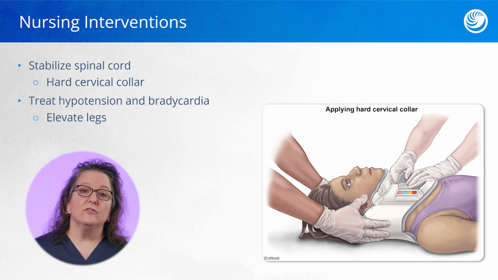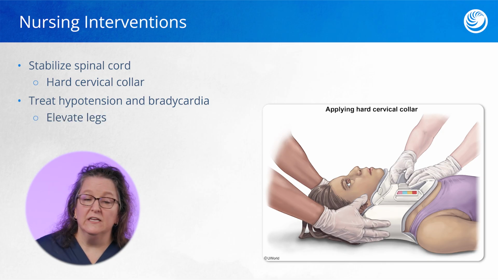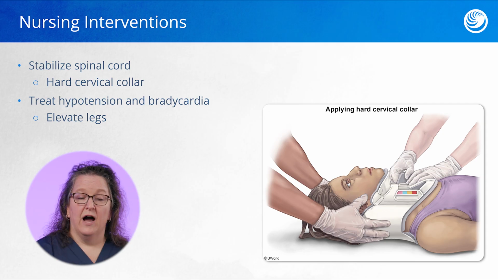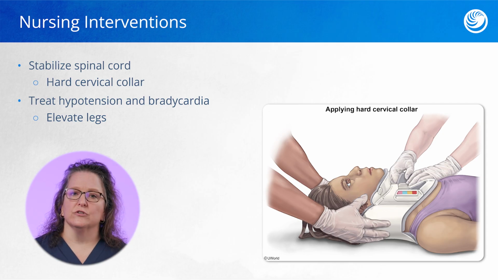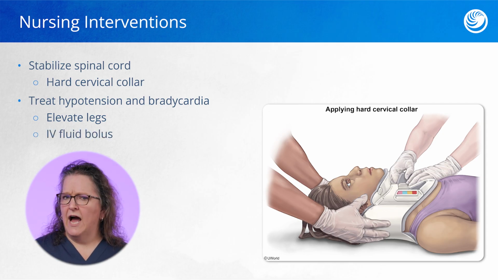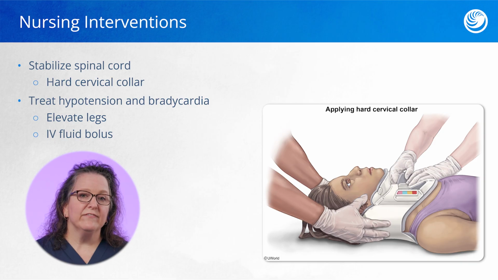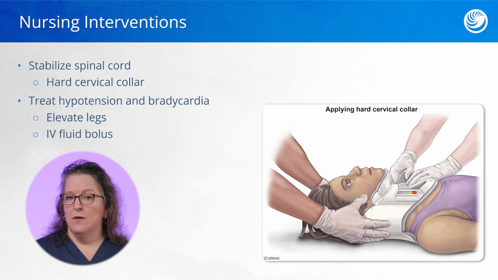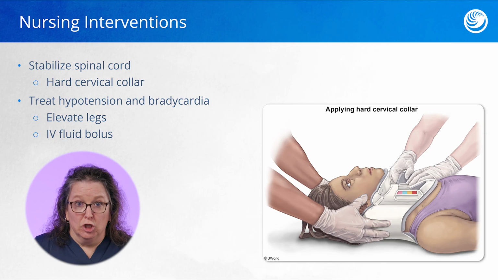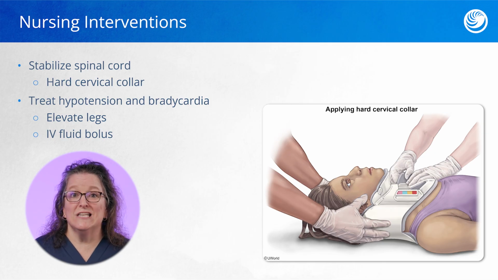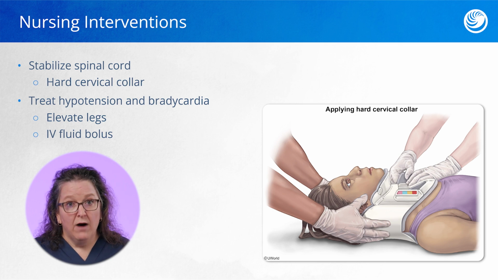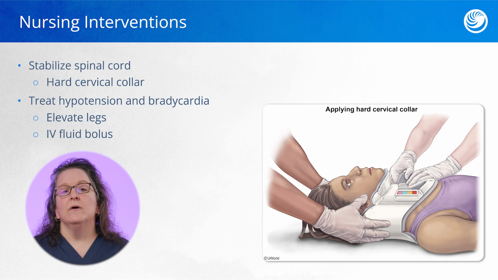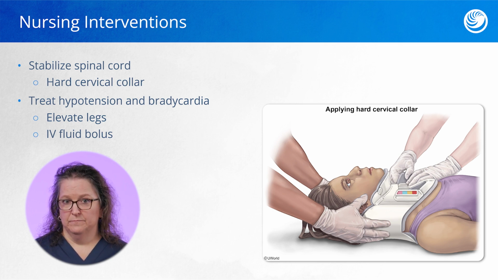We can elevate those legs to help venous return, getting that blood back to the head and to the heart. We can provide an IV fluid bolus, but we have to be very careful because remember, it's relative hypovolemia. They haven't lost any fluid, it's just not going in the right direction. So we want to make sure that we don't give too much fluid to give them fluid overload.